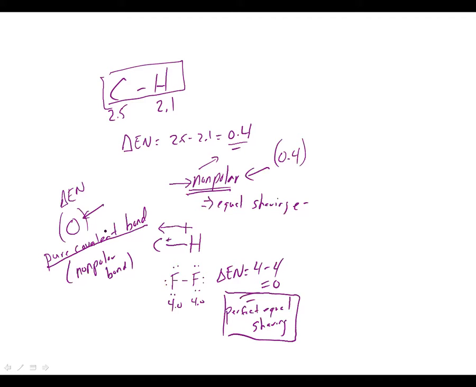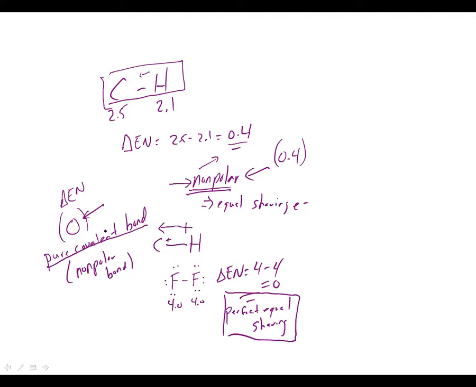Even though something like carbon and hydrogen is still considered equal, in reality it's not really equal sharing of those electrons. Electrons are heading just a hair towards the carbon in a bond like that. So 0.4 is still considered nonpolar, overall considered as equal sharing of electrons.